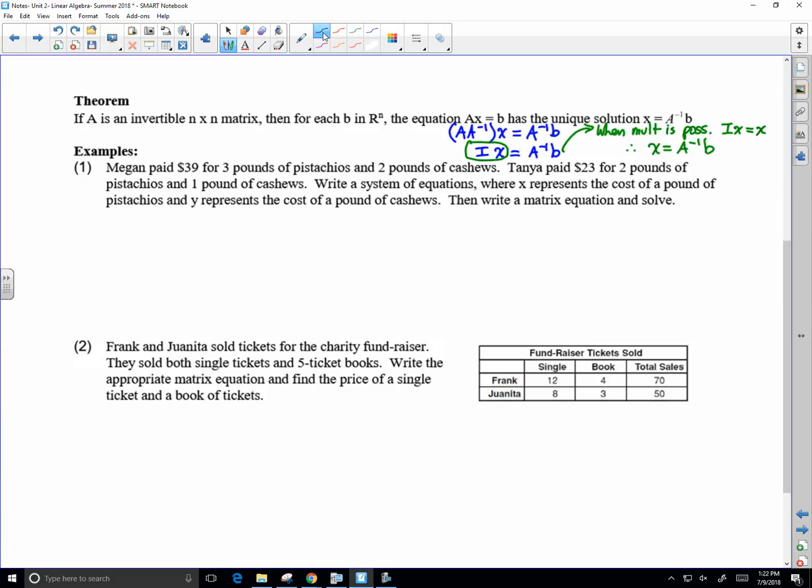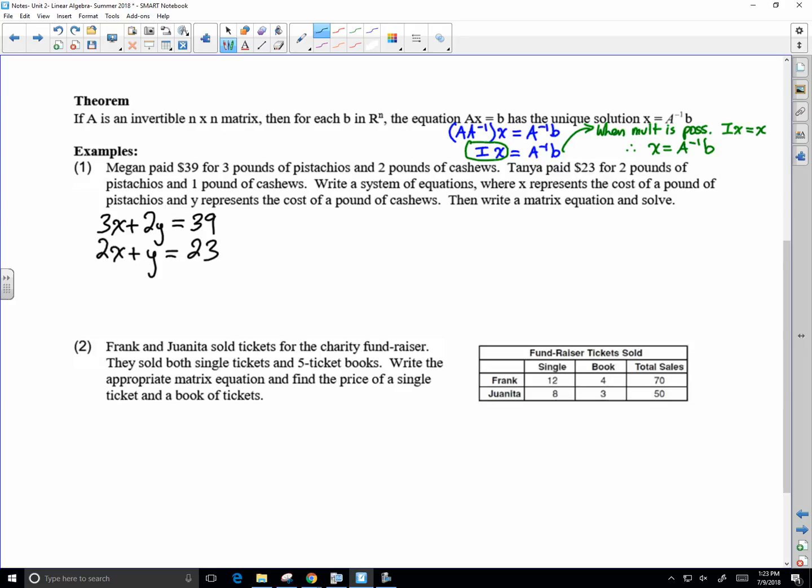All right, so something relatively simple. Megan paid $39 for 3 pounds of pistachios and 2 pounds of cashews. Tanya paid $23 for 2 pounds of pistachios and 1 pound of cashews. As a system of equations where x represents the cost of a pound of pistachios and y represents the cost of a pound of cashews: 3x plus 2y equals 39. So 2x plus y equals 23.